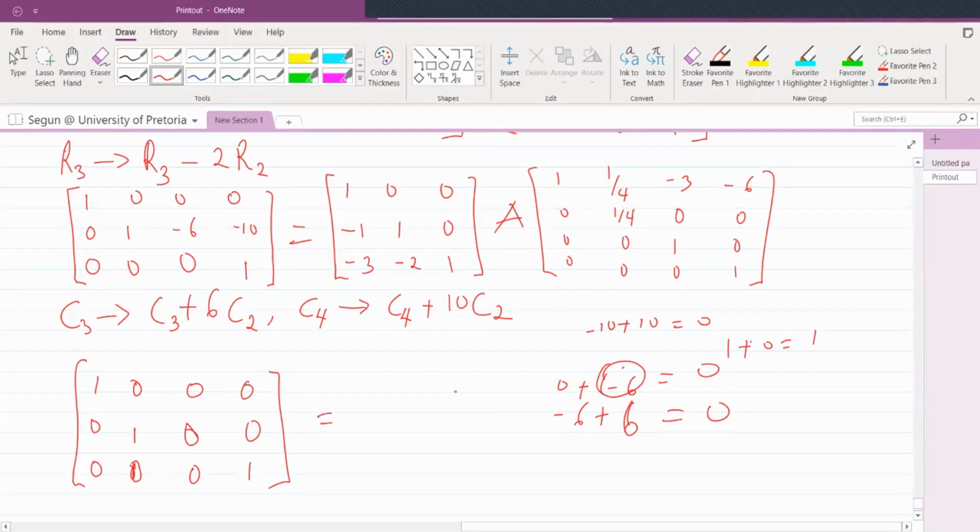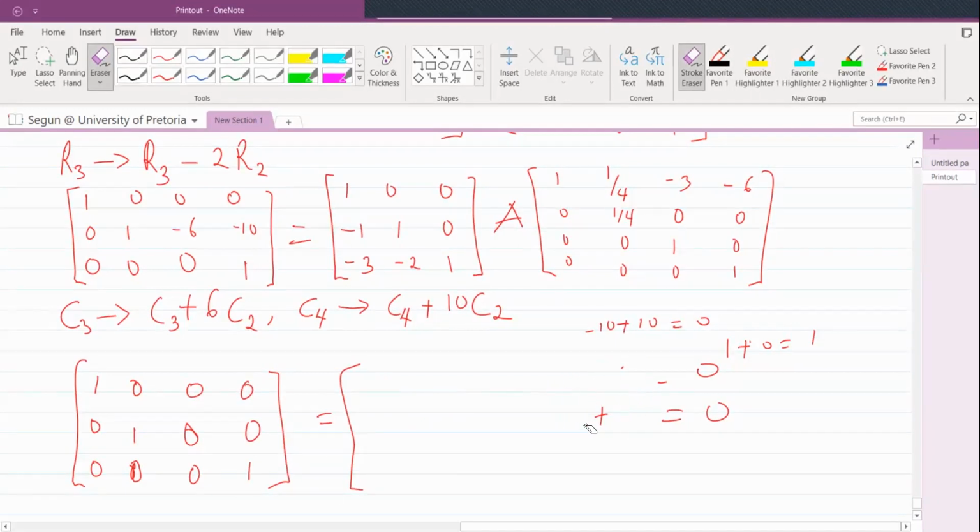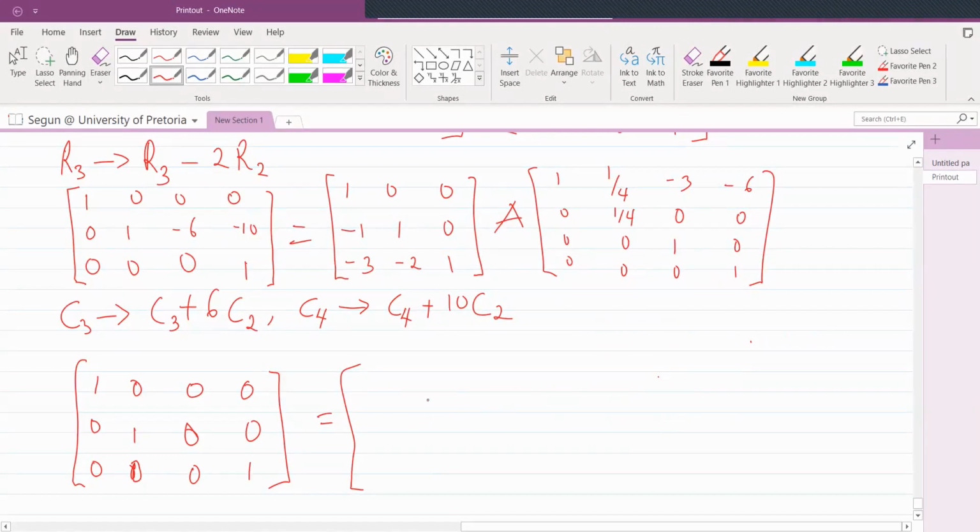Remember we are working on columns, not rows, so we keep the rows constant in this case. We have 1, 0, 0. We have minus 1, 1, 0, minus 3, minus 2, 1.